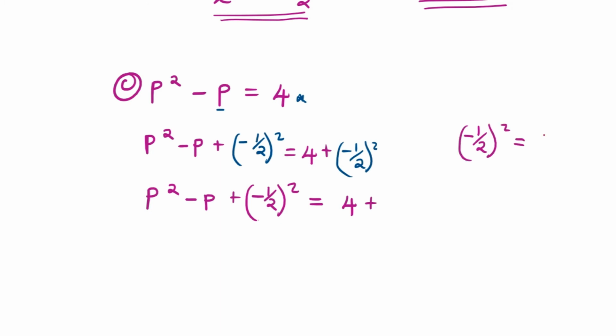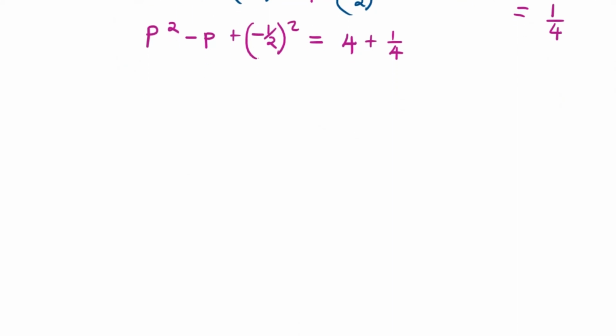Negative half squared simply means negative half times negative half. Negative times negative is positive, 1 times 1 is 1, 2 times 2 is 4. So negative half squared will just give us a positive 1 over 4. Whatever will come out from there will be a positive. We can proceed.